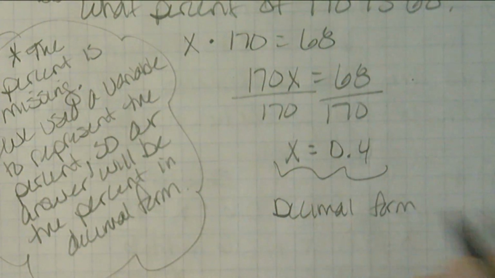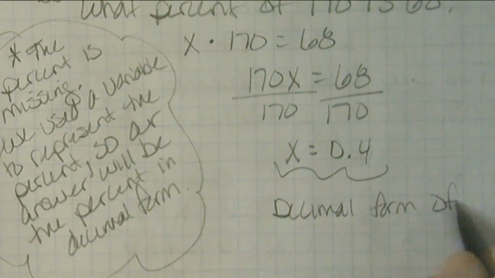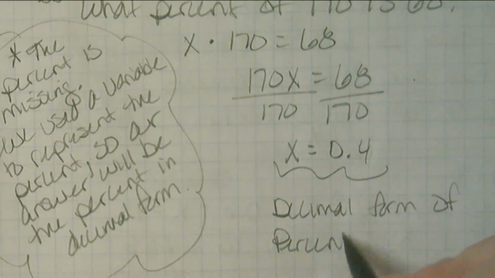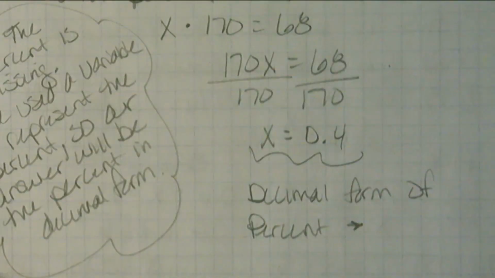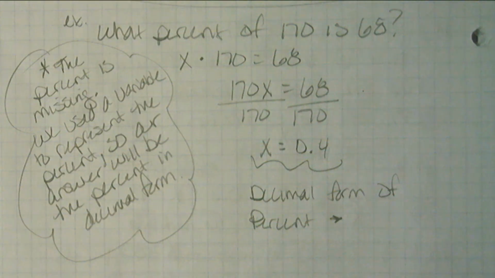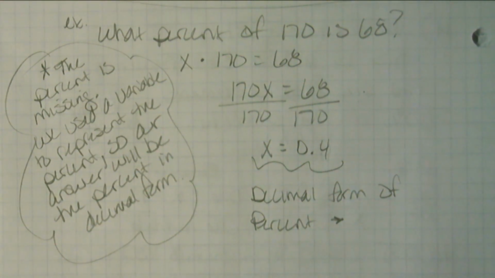How do I turn that into a percent? What do I have to do mathematically to turn that into an actual percent, if that's the decimal form? Sam, what do I have to do? Why? How do you know that? What did you do mathematically to turn it into a percent? What did you do in your head?